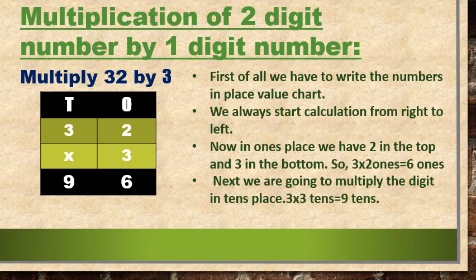So, the final product is 96 over here. Got it? Now we are going to write the answer, that is 96. Girls, please remember, do not forget to write the answer. Alright? Okay.